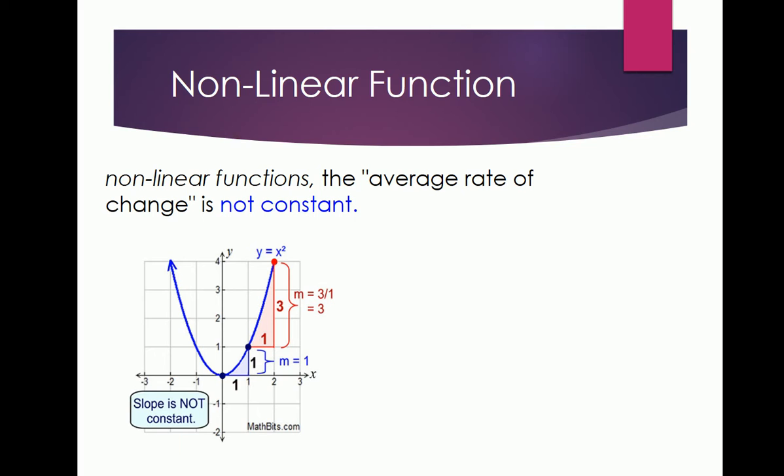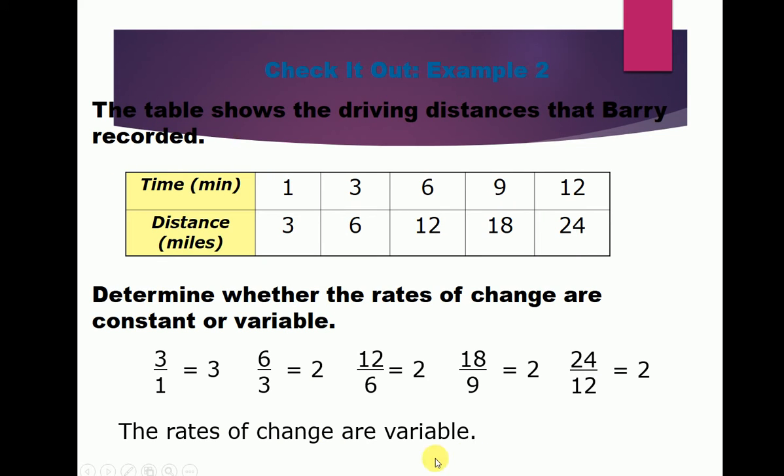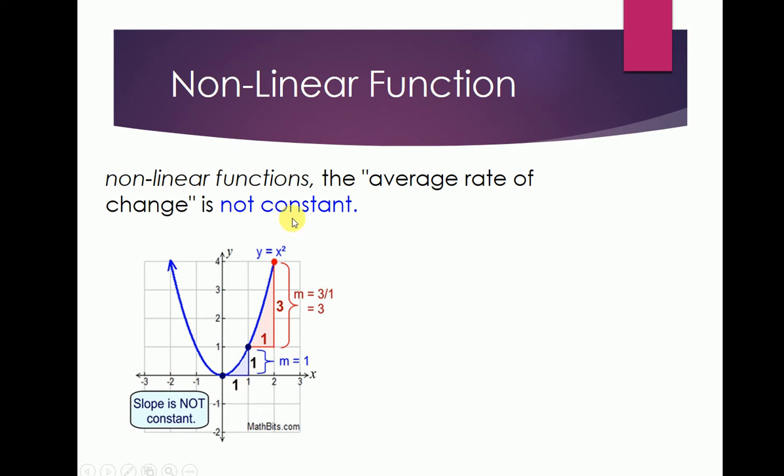An example of a variable slope or variable graph would be a non-linear function, where the rate of change at every point is changing. This is the second type, a non-constant rate of change.